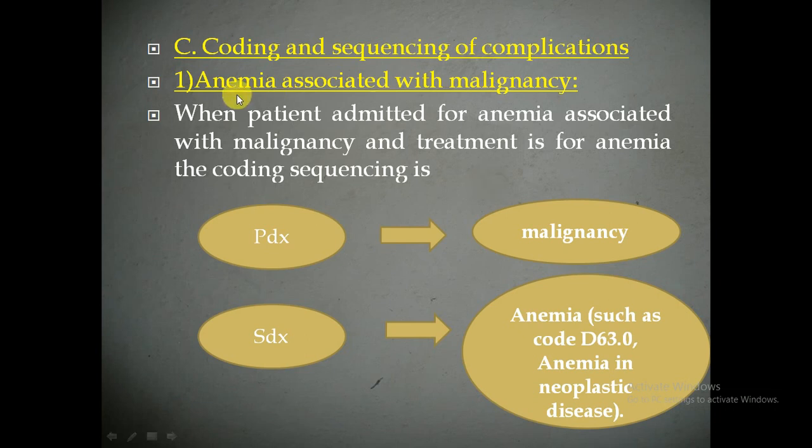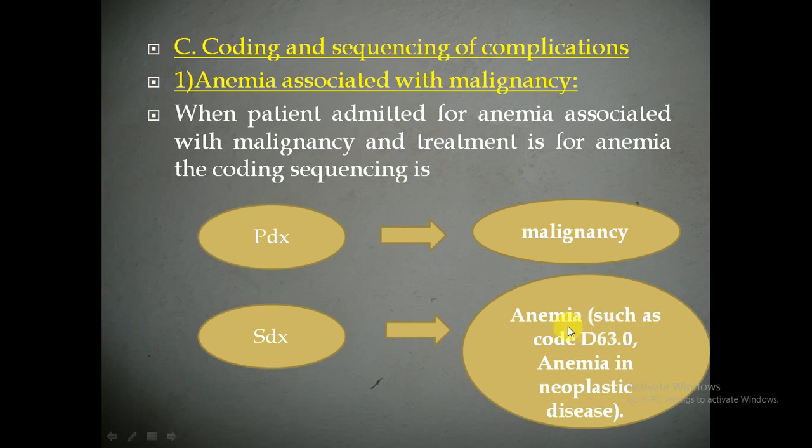One of the complications is anemia associated with malignancy. So whenever patient is getting admitted for the anemia which is associated with the malignancy, and the treatment is only to the anemia, in those conditions we have to give the principal diagnosis as malignancy first, and then secondary we have to give the anemia.